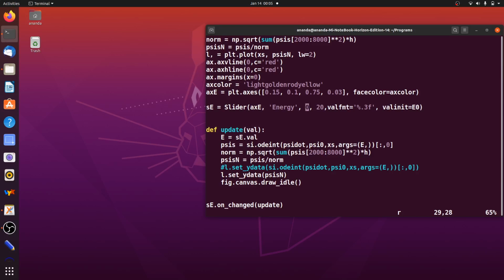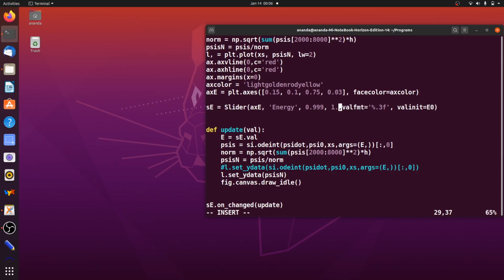In order to look at this quantization thing in a bit more detail, let me just go back to the code and just change the range of the slider. Instead of going all the way from 0 to 20, what I'm going to do is just let the slider go from 0.999 to 1.001.